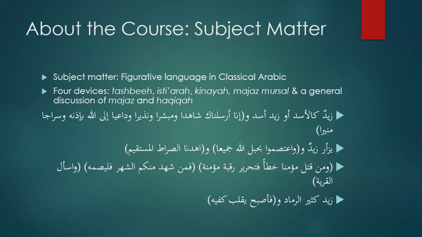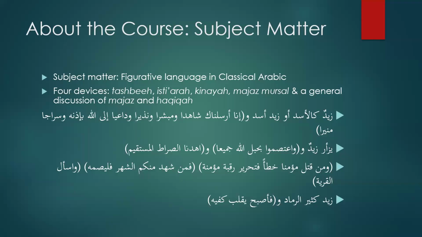The reason is because haqiqa and majaz in Arabic do not translate exactly to literal and figurative. And it's funny watching Muslims who have differences in understandings of aqidah speak past each other, because at a fundamental level, what they're literally talking about is an issue of semantics, a semantic model.